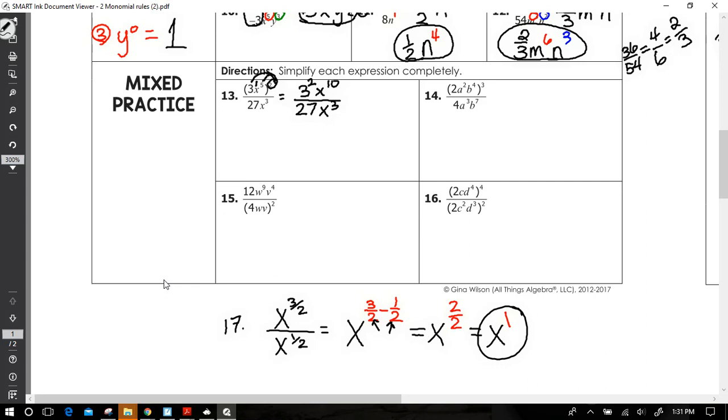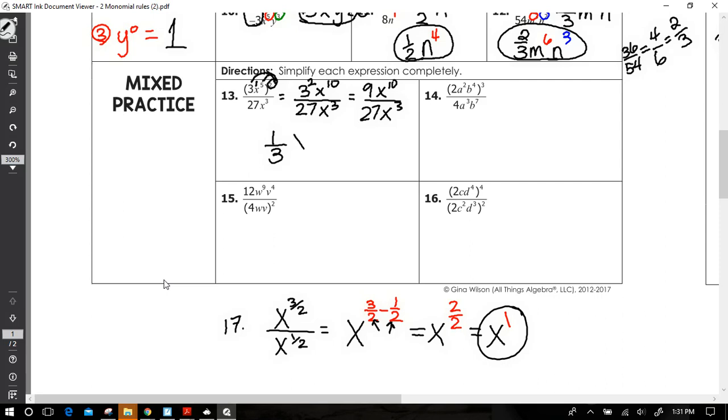And then I'm going to go ahead and reduce the 3 squared. That's going to give me a 9, x to the 10th power over 27 x to the 3rd power. Okay, so now I'm ready to simplify the 9 divided by 27. 9 goes into 9 one time. 9 goes into 27 3 times, so I get a 1/3.